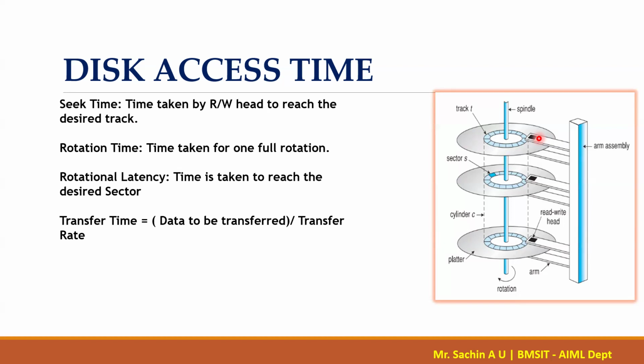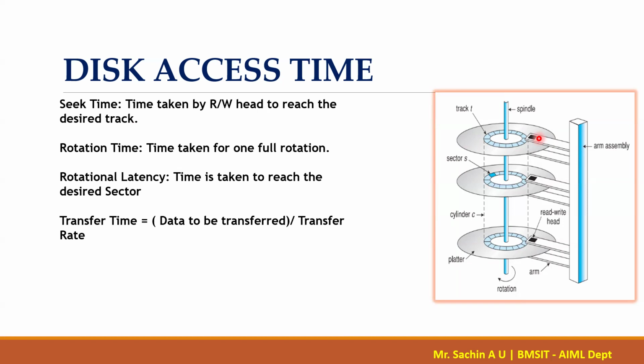That means in the first scenario your read-write head was moving forward, and in the second scenario it is moving backward. So this is your seek time: the time taken for a read-write head to move to a particular track, which we call the desired track.